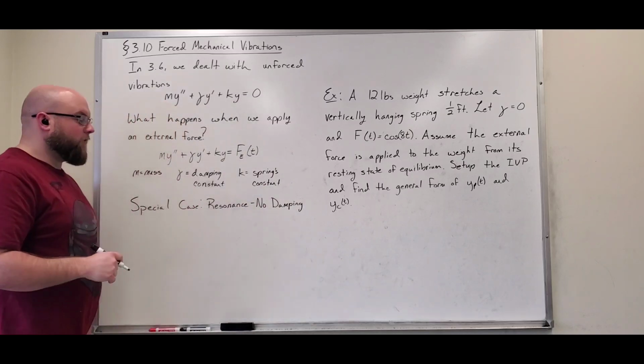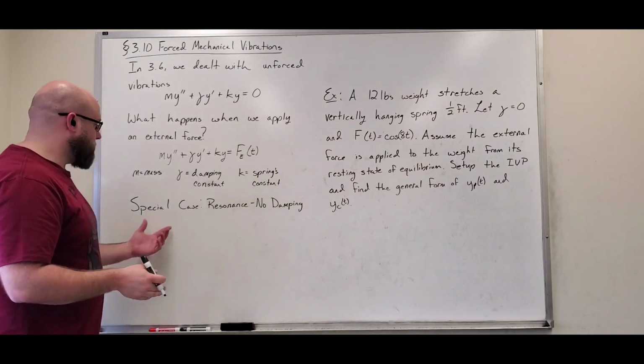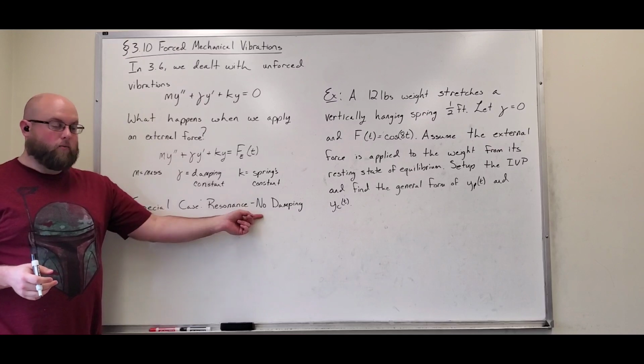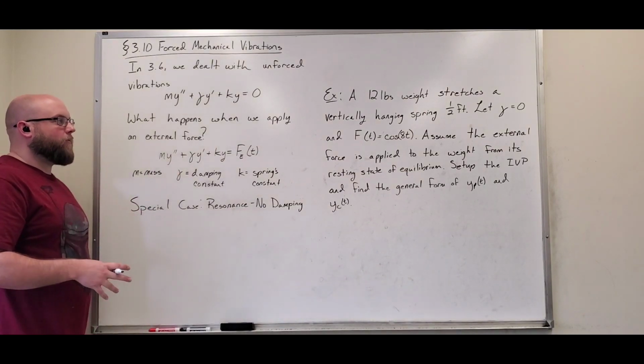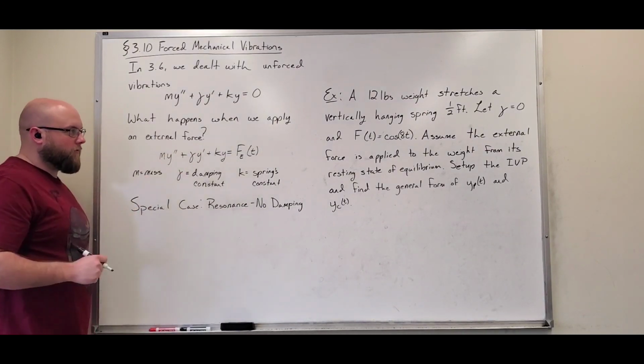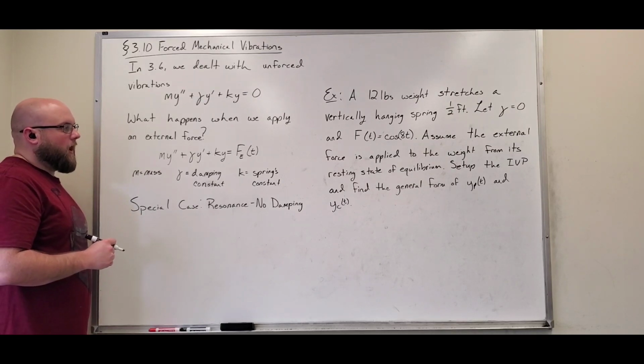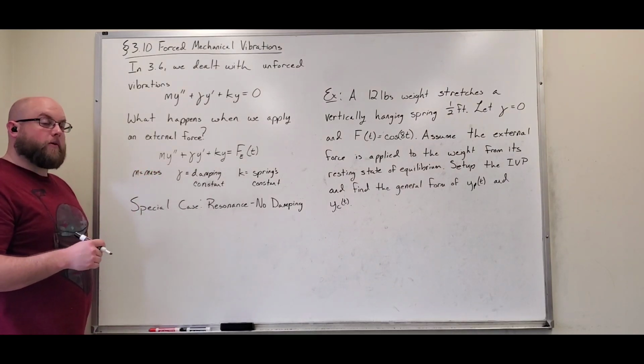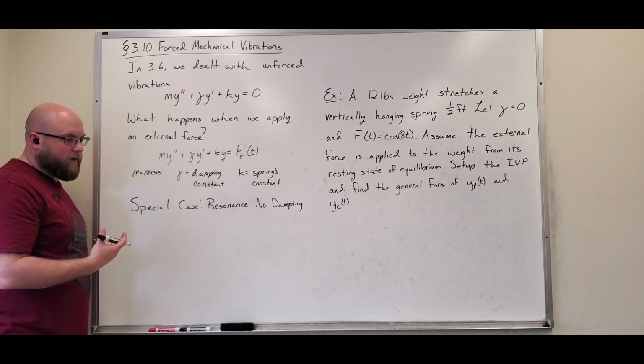Okay, so first of all, we're going to look at a very special case with resonance where there's no damping. Then we're going to go over a very specific example, which you see on the right-hand side of the board. This is the only one we're going to go through, but I'm going to talk about the other cases that occur.